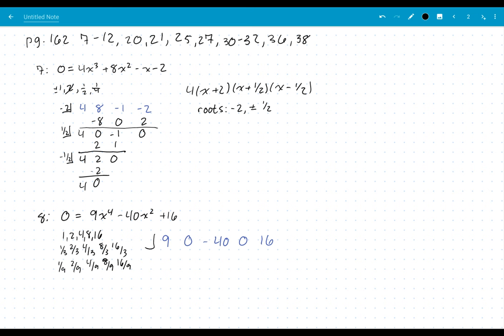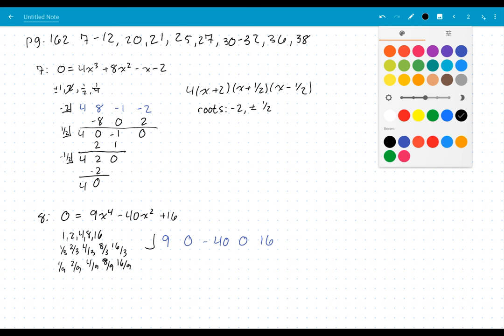What do you guys think is a good idea for this one? Well, we know that 16 is 1/2 of 36. Okay. And we know that 36 is 40 minus 4. So is there something that we can multiply 9 by to turn this right here into 4?